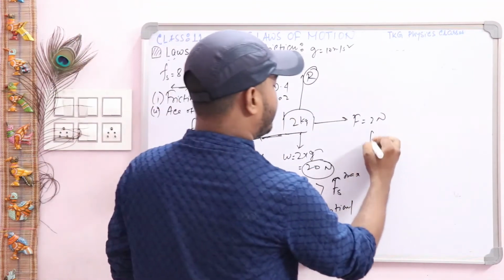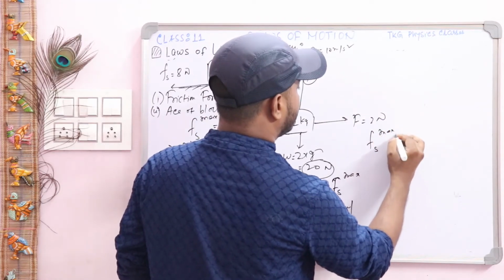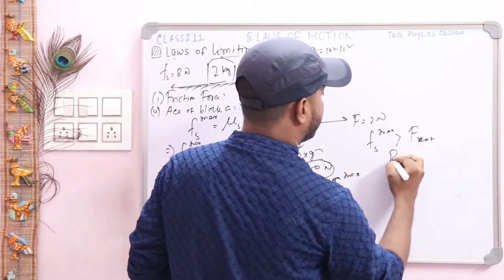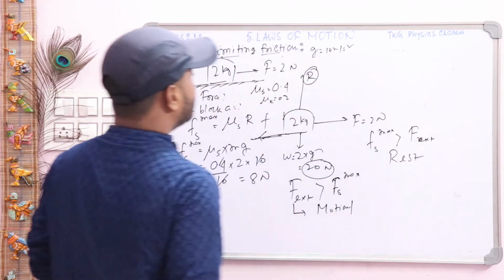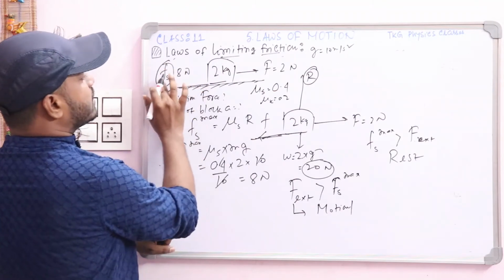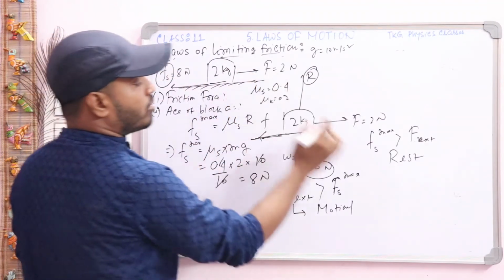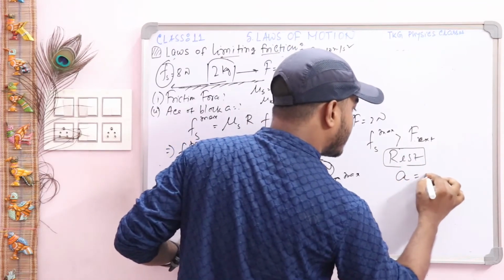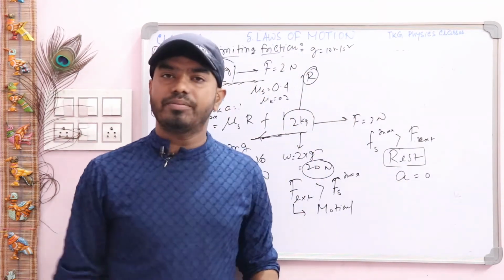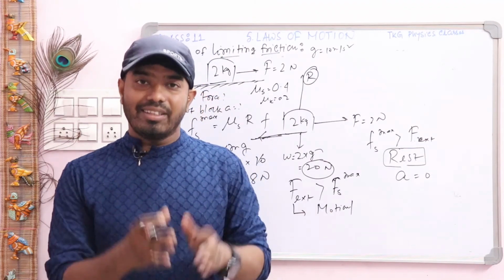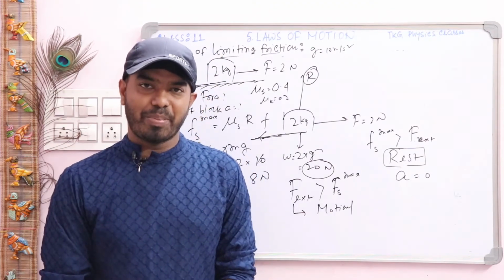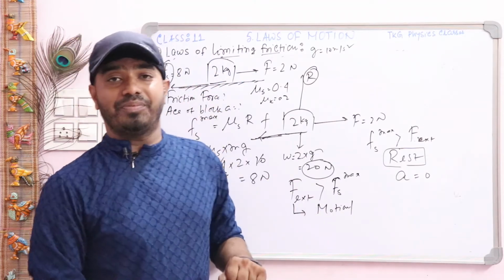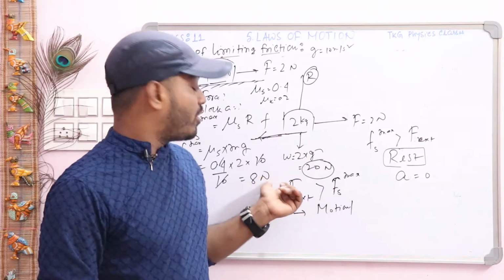But if Fs max is greater than the external force F, the body is at rest. Here Fs max is greater than the external force, so the body is at rest, and when the body is at rest, acceleration a equals 0. There is no acceleration. This is the concept. Now the question is, what is the value of this frictional force? Is the answer 8 Newton or something else?